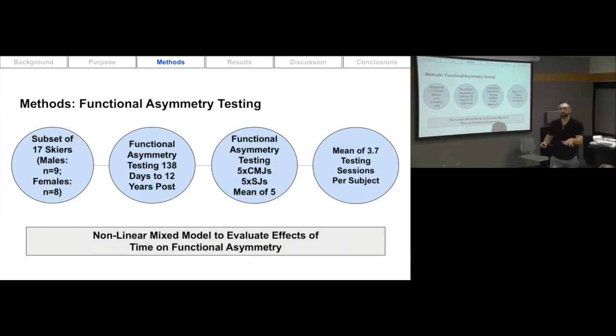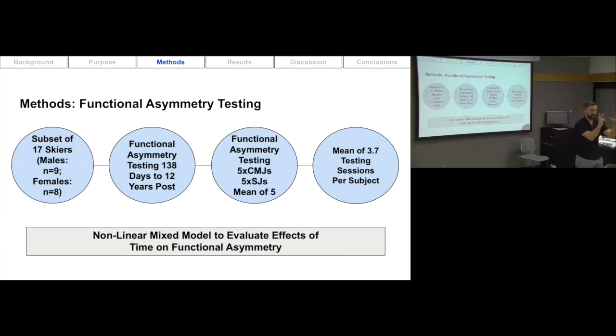So as a subset to this, 17 of the skiers, so 17 of the 32, had done functional asymmetry testing at various time points after their ACL injury. So it was anywhere from 138 days to 12 years. Not one subject would have given data through that entire time period.